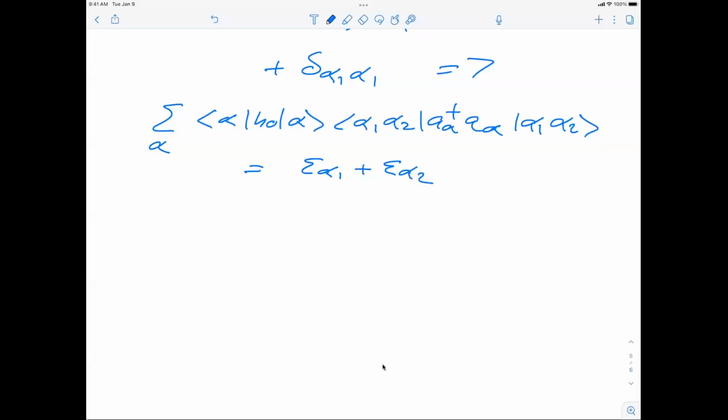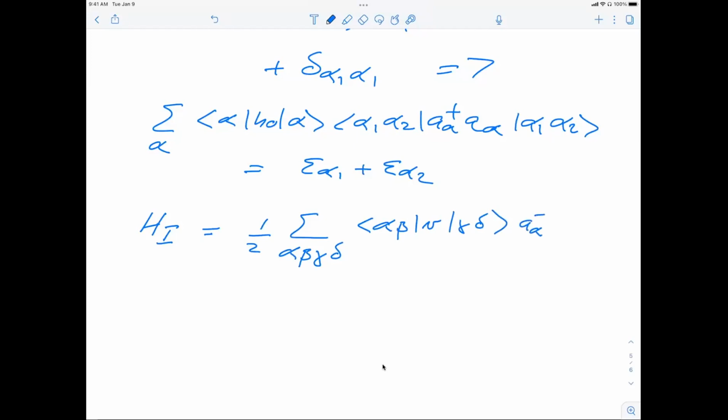So what we have, in addition to the one-body operator, as long as we are dealing with a two-body interaction, is that we can write this as one over half, and then we have a sum of all these indices. And these indices run over all the single particle states which we have. And then we have some alpha, beta, matrix elements, gamma, delta. And then we have a creation operator.